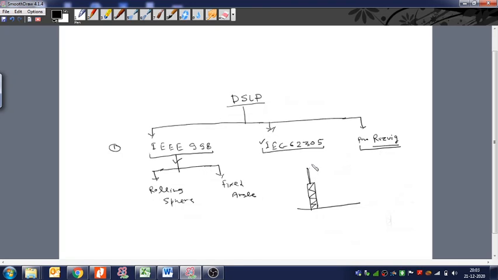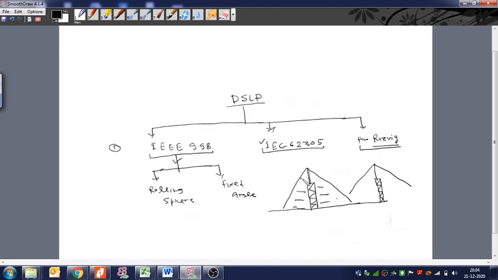IEEE says that this lightning rod will provide protection based on the angle: whatever area comes within this angle will be protected by that rod. Suppose some area is left unprotected by that angle, we place another steel structure with another lightning rod, and then we again cover some area.